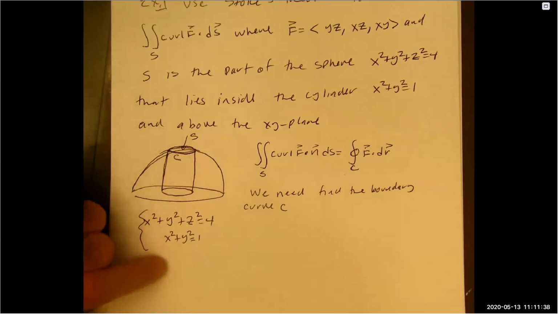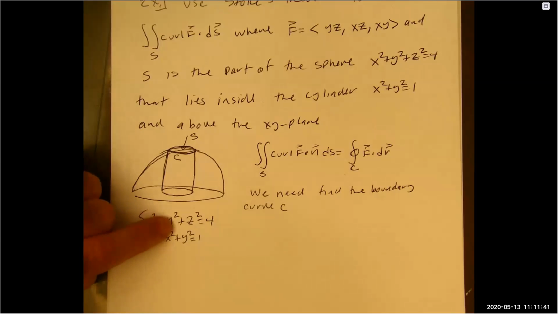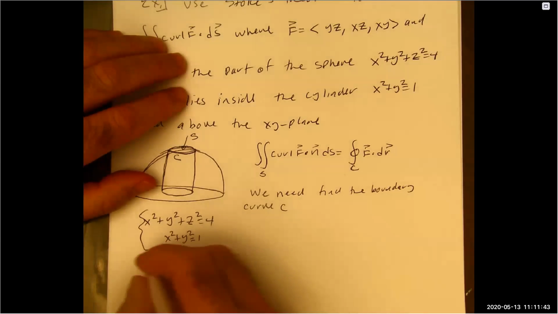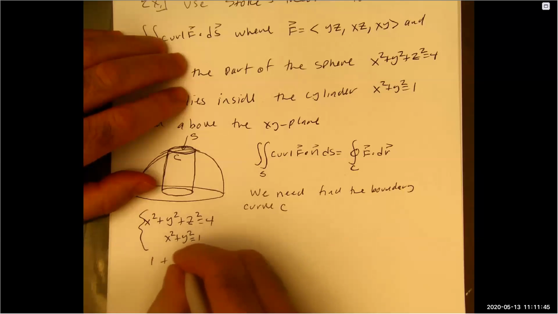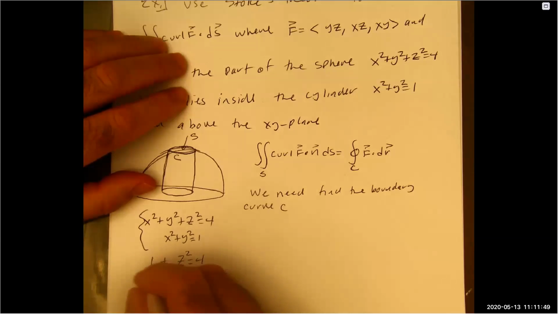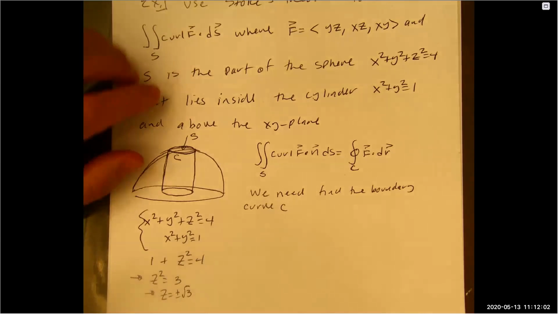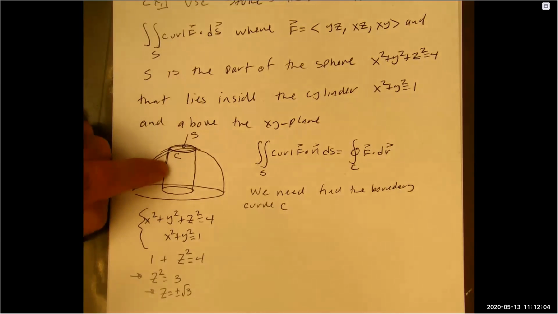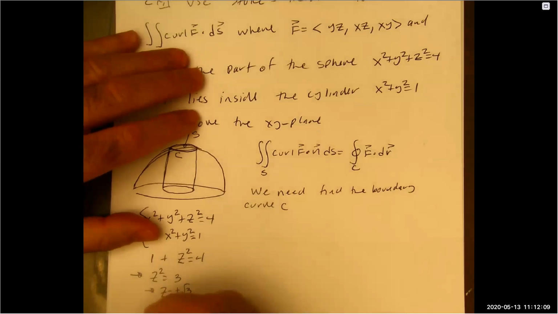So if I plug in 1 for x squared plus y squared in the first equation, I'm going to get 1 plus z squared is equal to 4. And so that gives me z squared is equal to 3. And that implies that z is equal to plus or minus root 3. But because we want the part that's above the xy plane, we're going to take z equal to root 3.